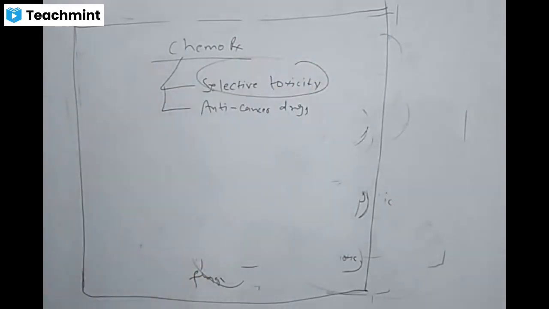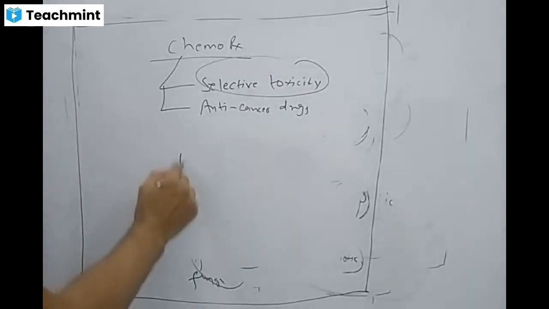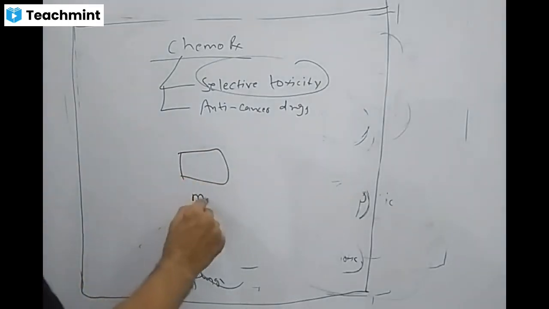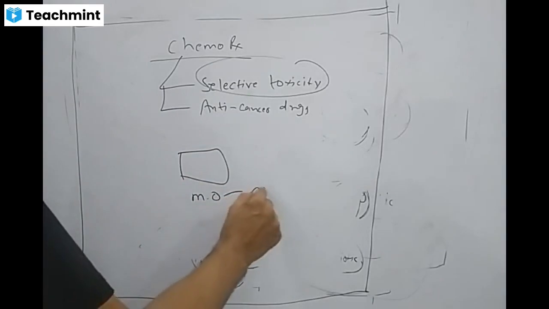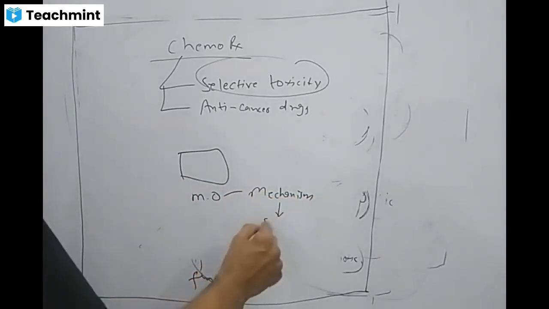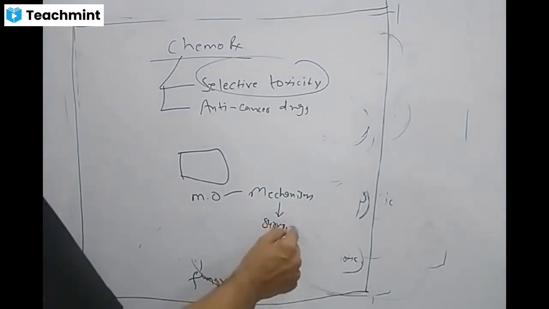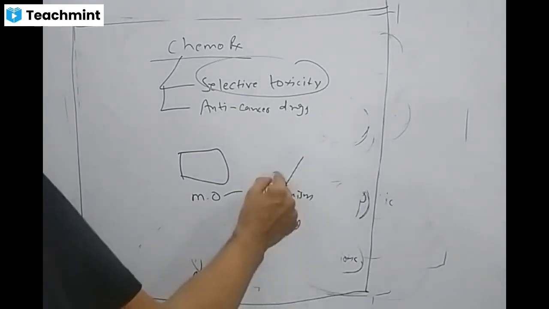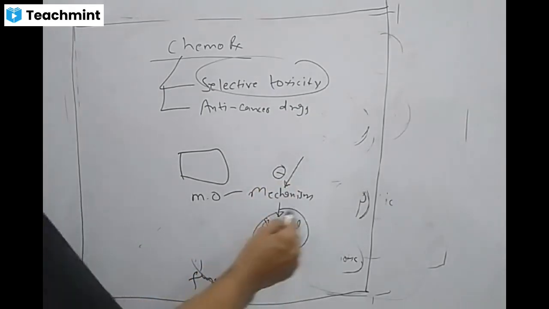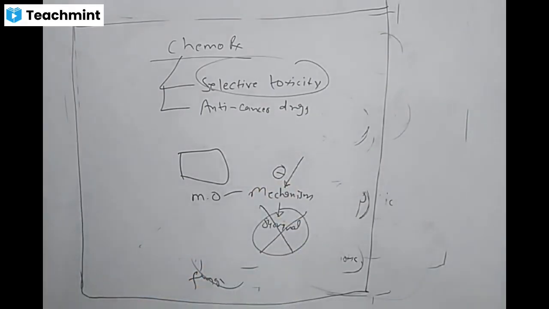Selective toxicity means there is a microorganism and the microorganism has one mechanism for the survival. If we inhibit this mechanism, the survival of the microbe will be lost.